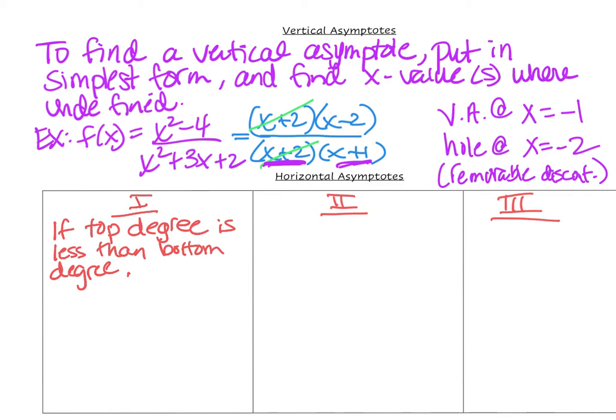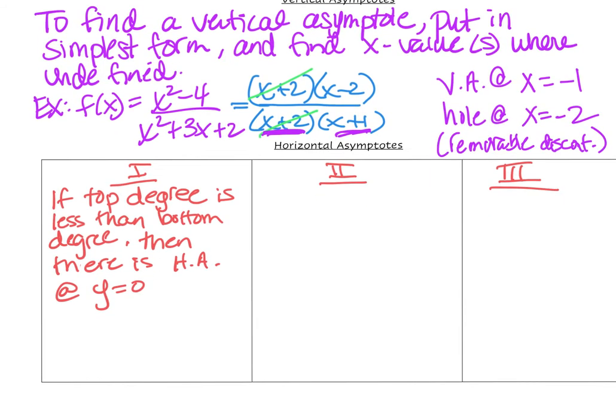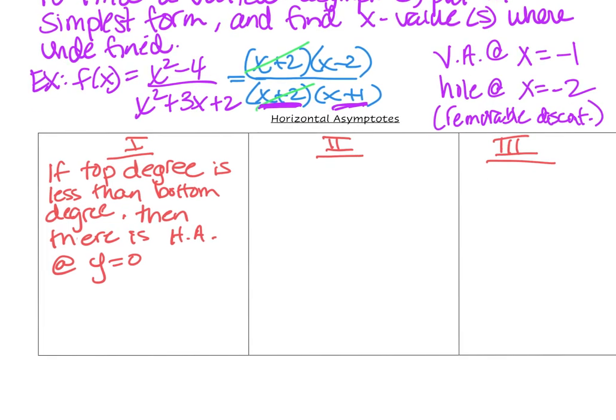If that's the case, then there's a horizontal asymptote at y equals 0. So that's kind of an easy one because it's set. I don't have to do any more. It's always going to be at y equals 0 if the top degree is less than the bottom degree.